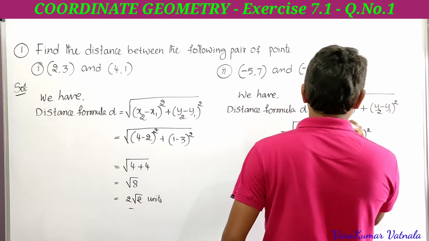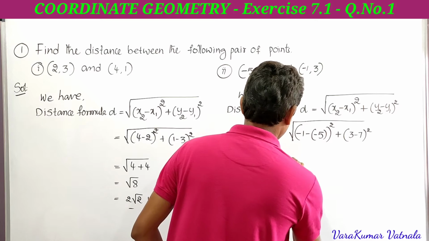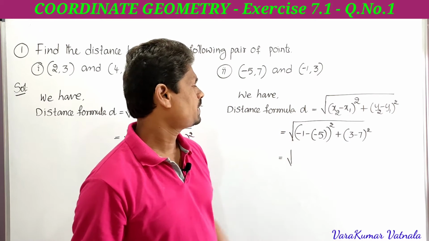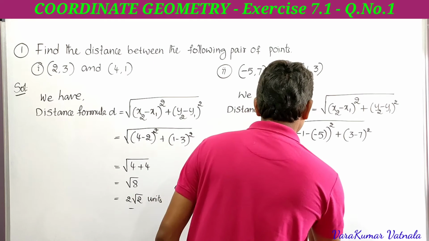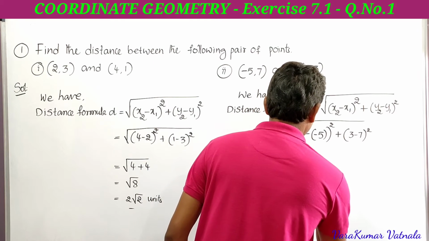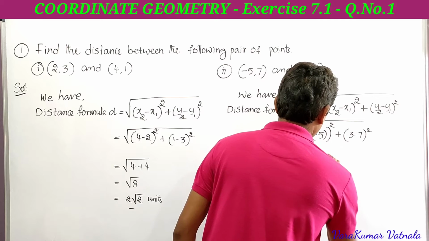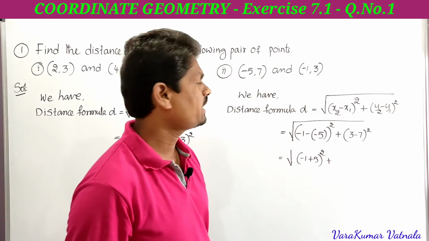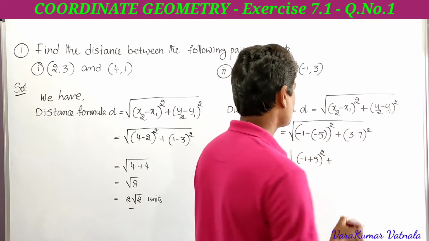Now we have to simplify again. Minus 1 minus into minus becomes plus 5, so minus 1 plus 5 whole square, plus 3 minus 7 is minus 4, minus 4 whole square.